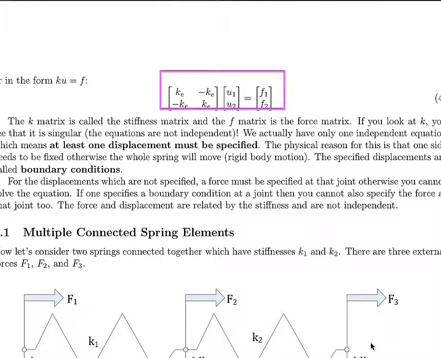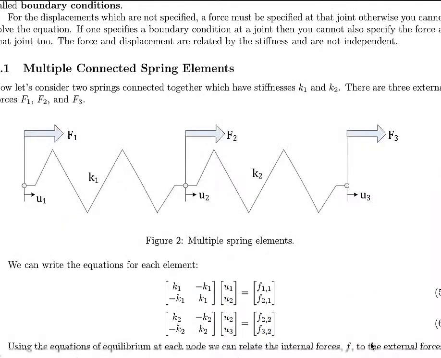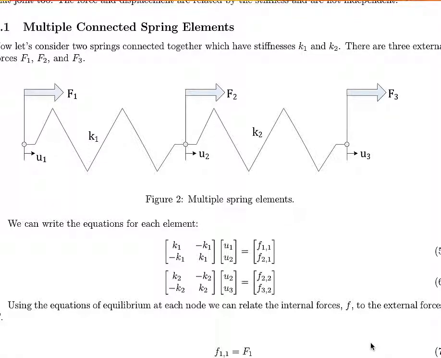So now let's see that we want to go to different spring elements connected together. Consider only two of them for illustration. We have element 1 and then element 2. These are connected together.